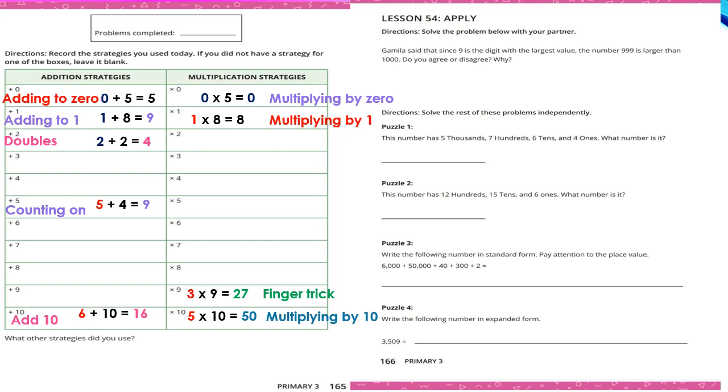The next page here, lesson 54, the apply part. Jamila said that since 9 is the digit with the largest value, the number 999 is larger than 1000. Do you agree or disagree, and why?